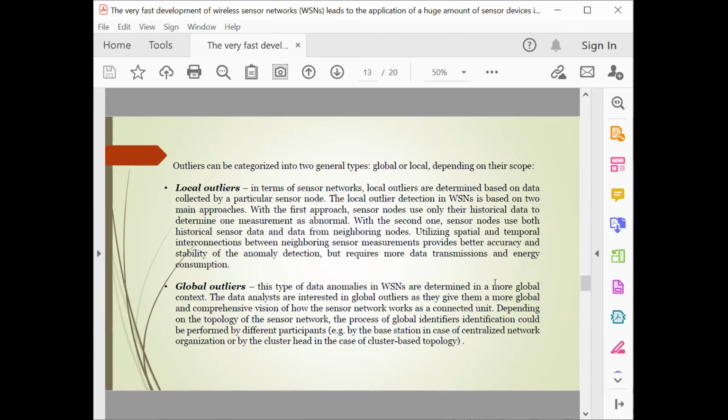Local outliers are determined based on data collected by a particular sensor node. On the other side, the global outliers are determined in a more global context, in the entire network.